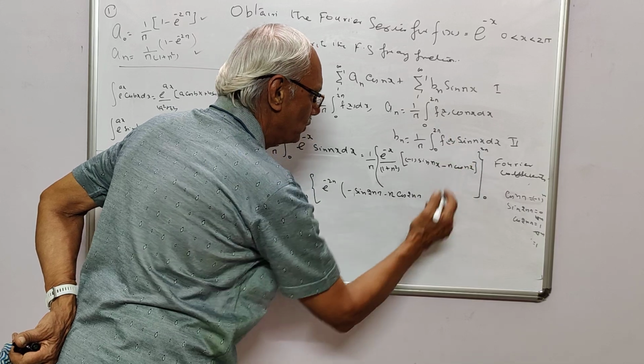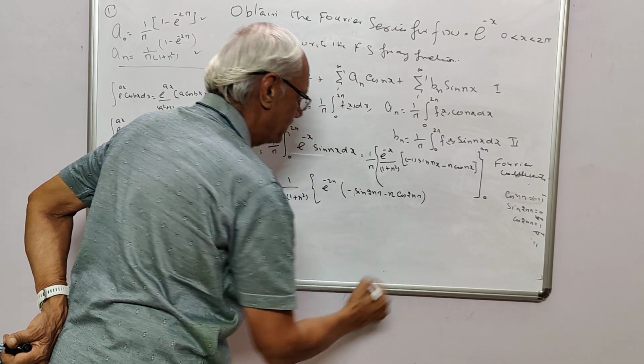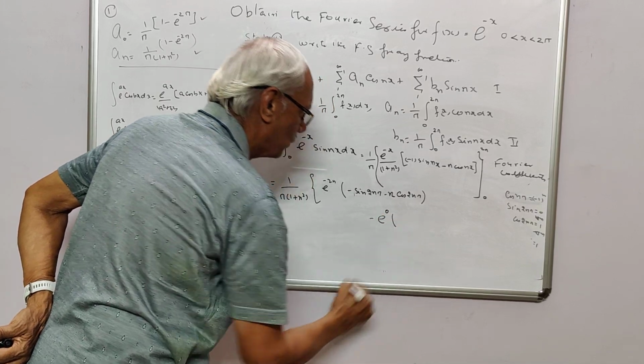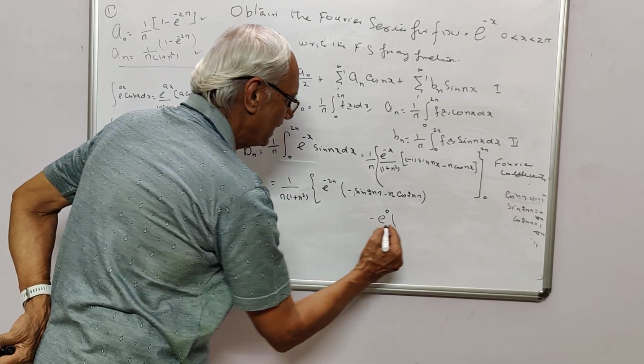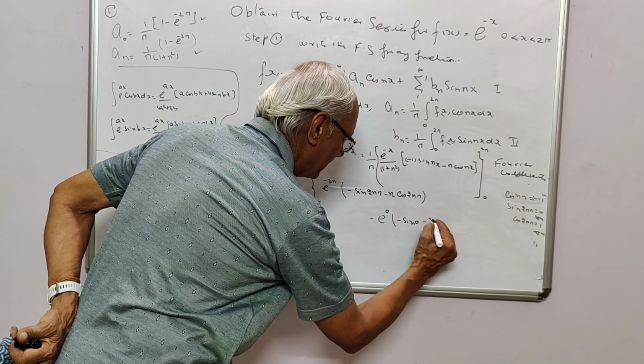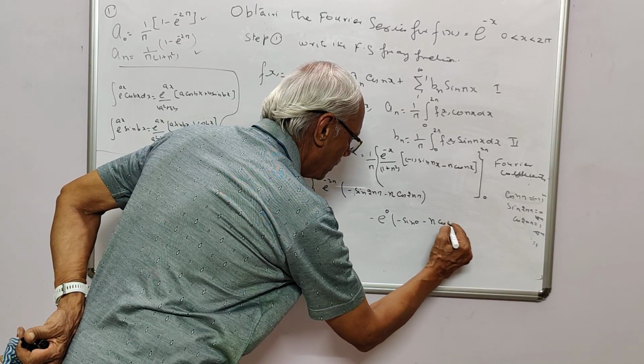Minus, second limit is e to the power of 0, then minus sine 0 minus n cos 0.